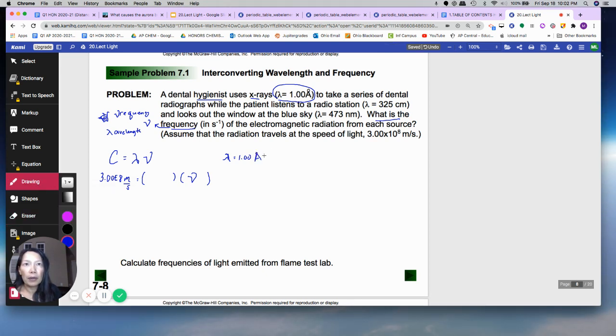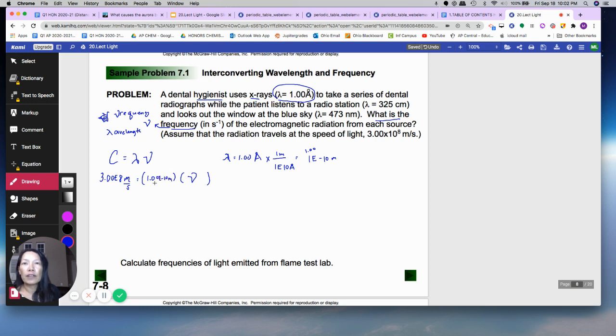If you remember, 1 E10 angstroms is 1 meter, so 1 angstrom is 1 E negative 10 meters. That's 1.00 with 3 sig figs. So I'm going to plug that in: 1.00 E negative 10 meters.